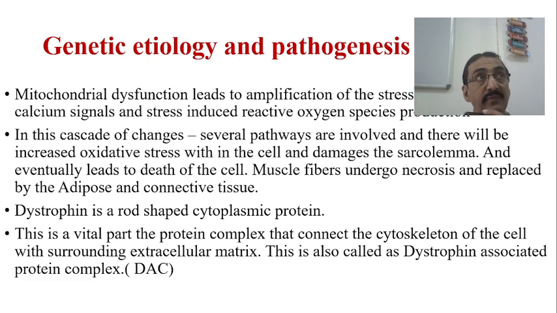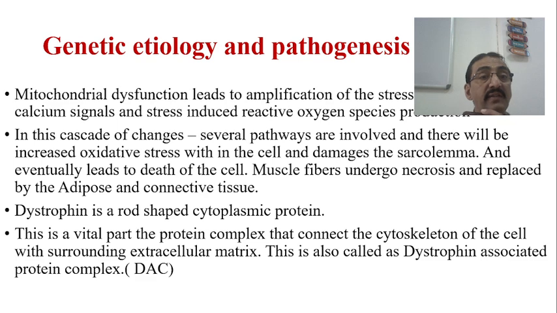In this cascade of changes, several pathways are involved, and there will be increased oxidative stress within the cell that damages the sarcolemma. And eventually it leads to death of the cell. Muscle fibers undergo necrosis and are replaced by adipose tissue and connective tissue like collagen tissue.